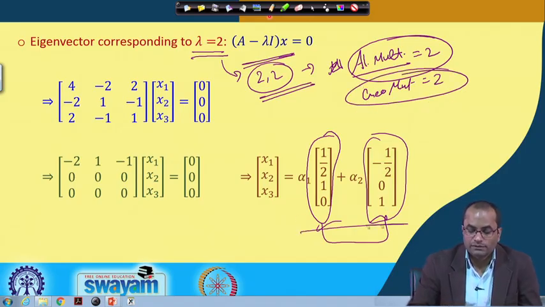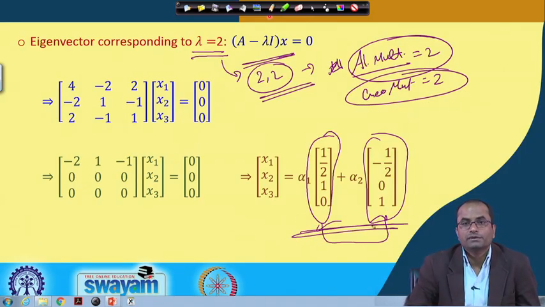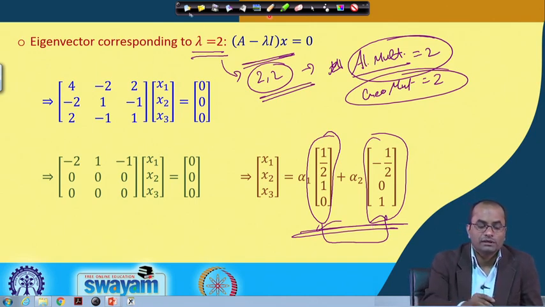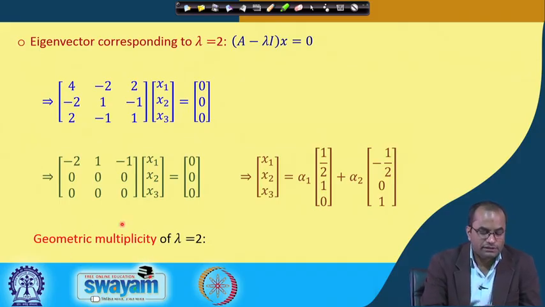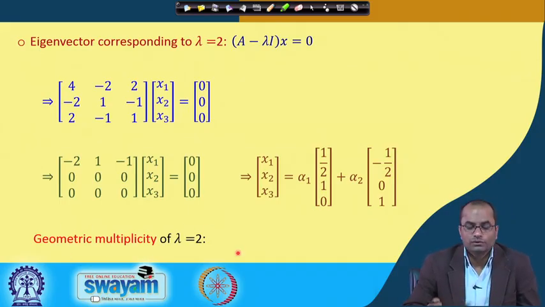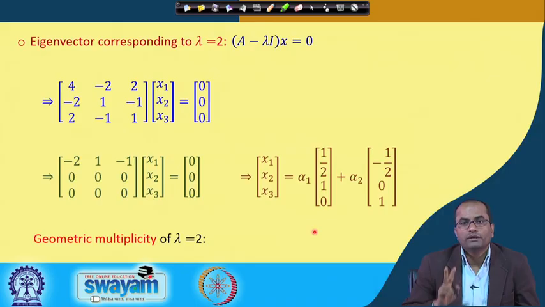So, we have algebraic multiplicity 2 as well as geometric multiplicity 2. Geometric cannot be more than the algebraic one, but in this case we got equality. So, the geometric multiplicity of lambda is equal to 2 is 2, because we have two linearly independent eigenvectors corresponding to lambda is equal to 2.